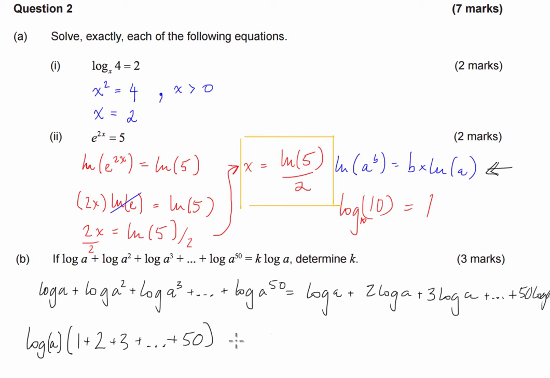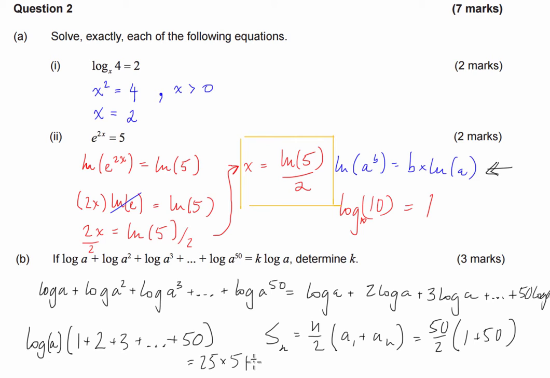We need to sum an arithmetic sequence where we know the last term. The sum of n terms, if we know the last term, is equal to n on 2 times a1 plus an, which in this case is equal to 50 on 2 times a1, which is 1, plus 50. So this is equal to 25 times 51.